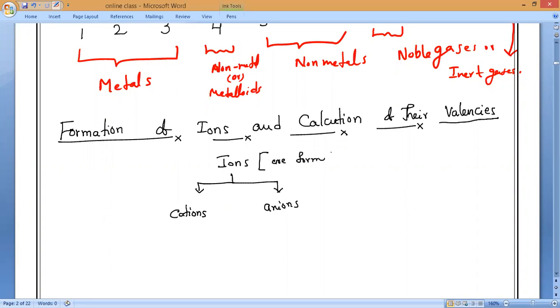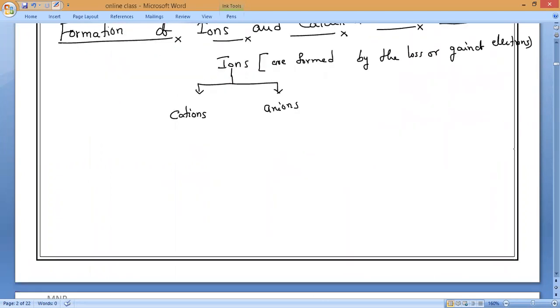Loss or gain. So ions are formed by the loss or gain of electrons. Please make it.